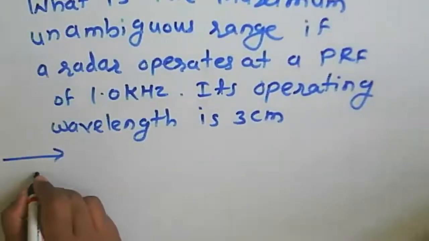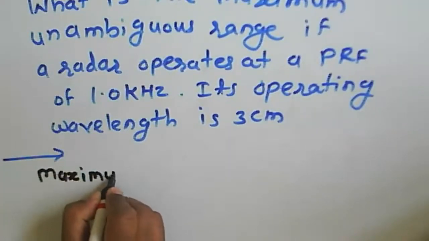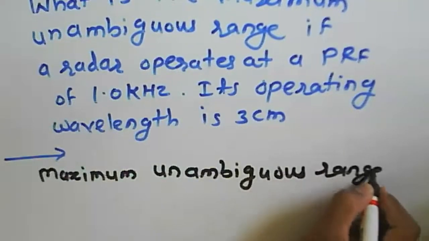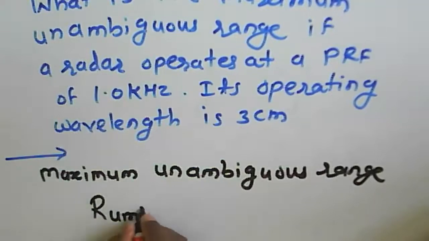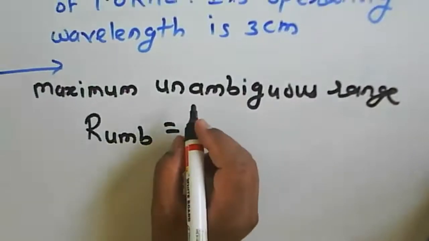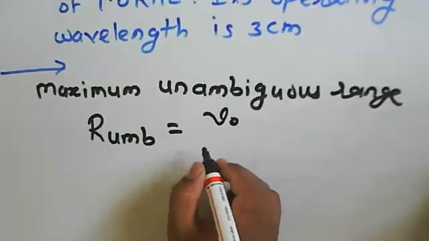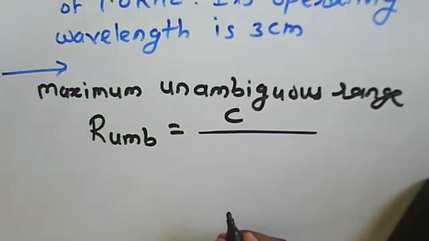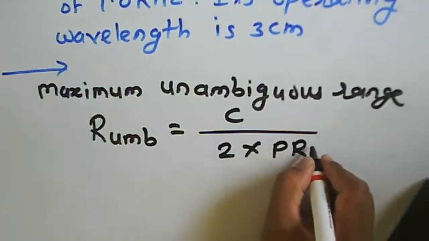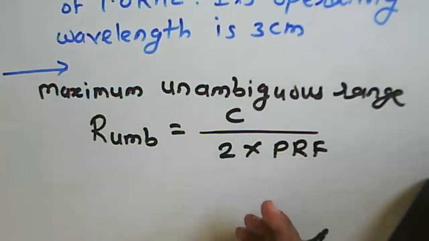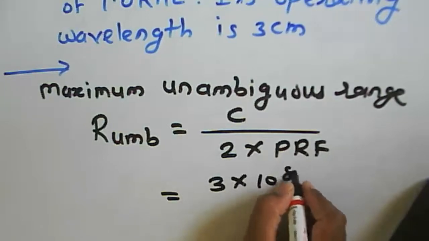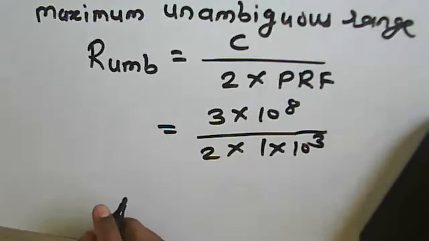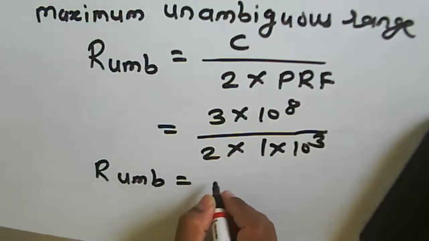So we can say that R_max, the maximum unambiguous range, is equal to c divided by 2 into PRF. With c equal to 3 into 10 to the power 8, 2 into PRF, where the pulse repetition frequency is 1 kilohertz, 1 into 10 to the power 3.